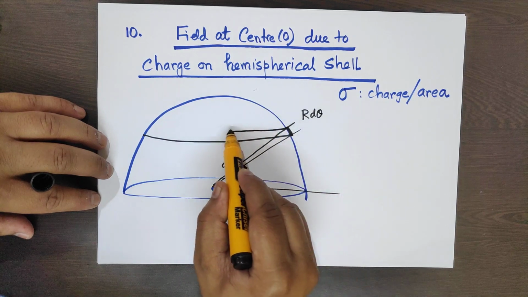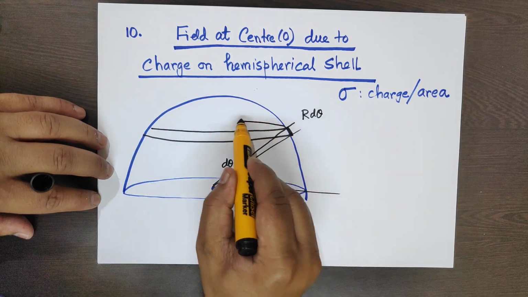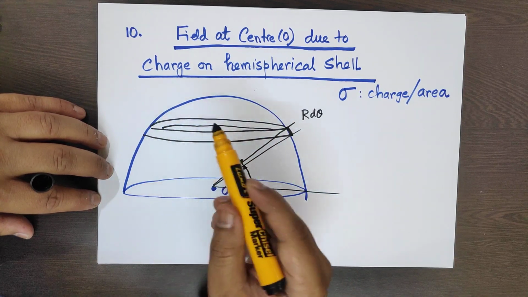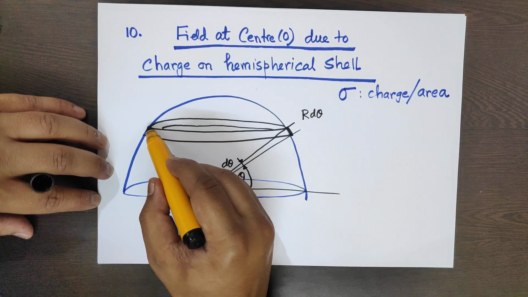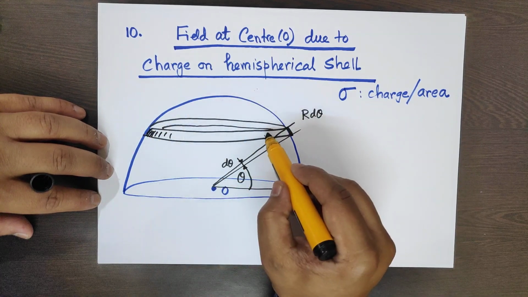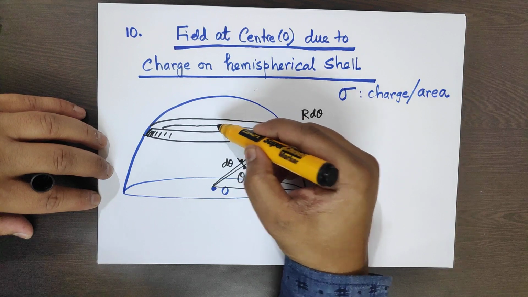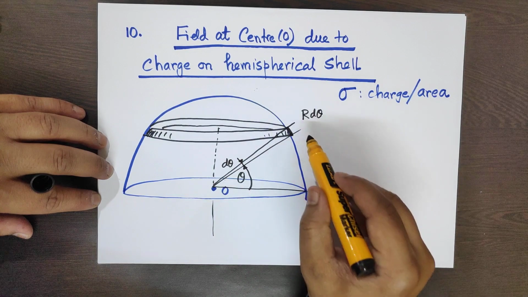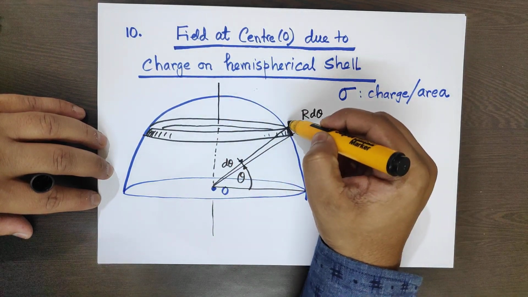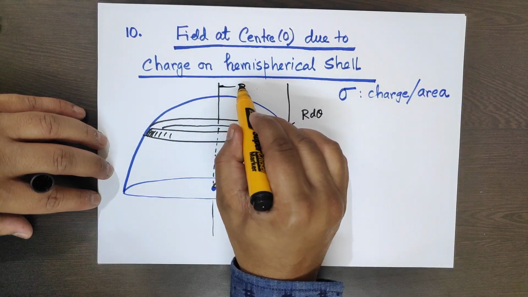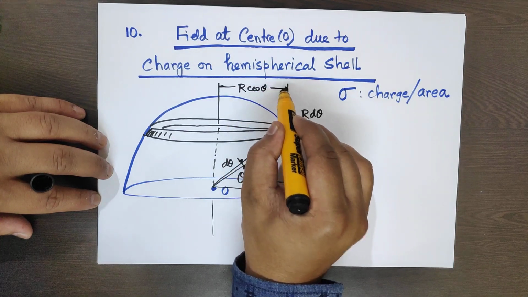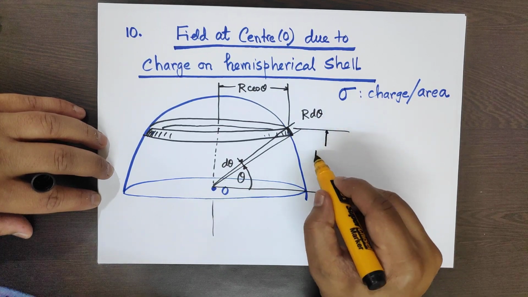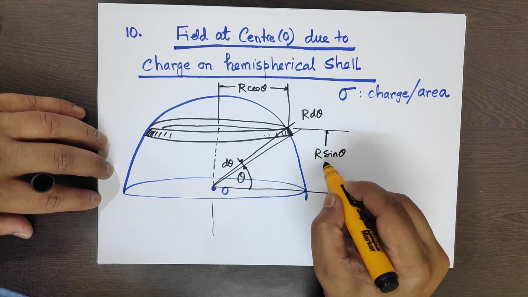See, this will be a ring. This is the ring, right? This point O obviously lies on the axis of the ring. Now for that, what is the radius of the ring? Radius of the ring is r cos theta, and the distance x is equal to r sin theta.